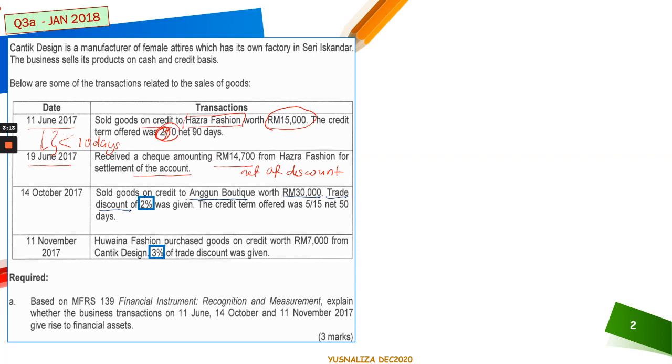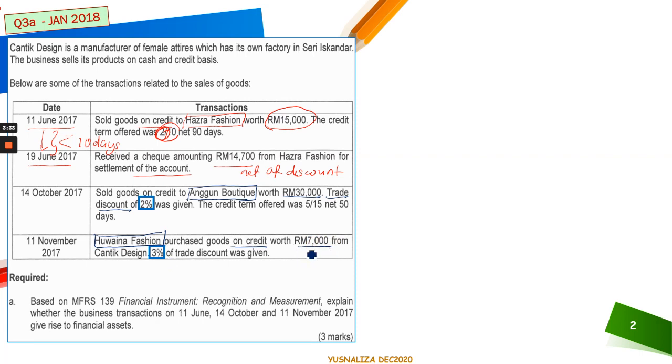On 14 of October, meaning that you have one more trade receivable, Angul Boutique. On 11 of November, you have another customer that purchased goods from your company on credit, so meaning that the sale is on credit from your point of view, and that was 7,000, and you are given a 3% discount.